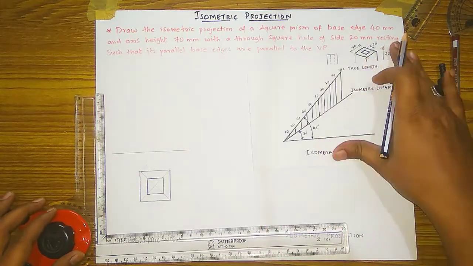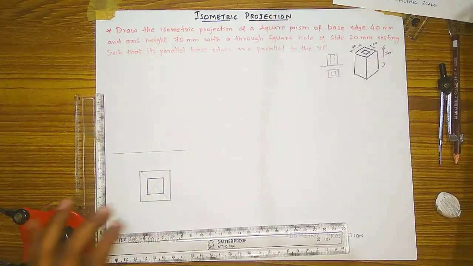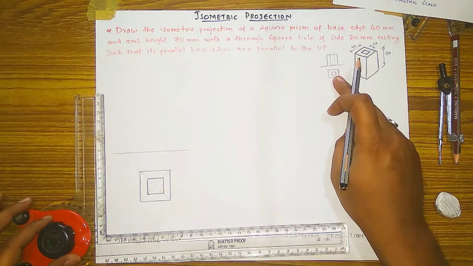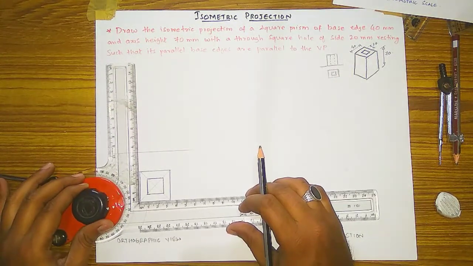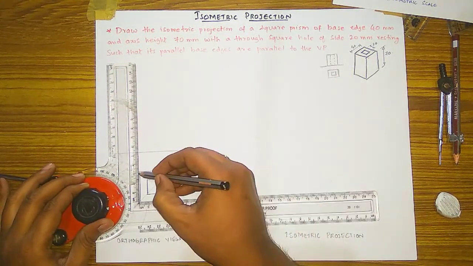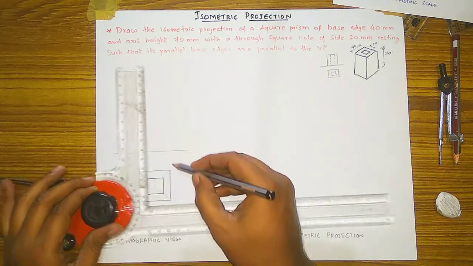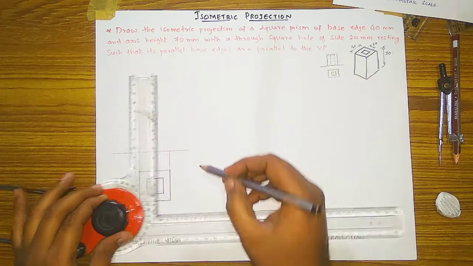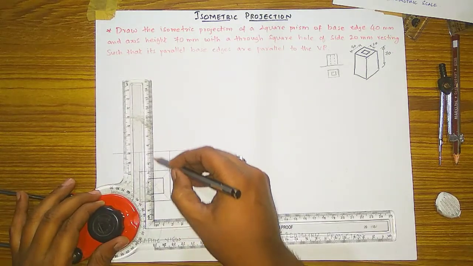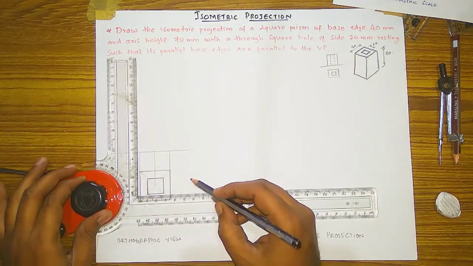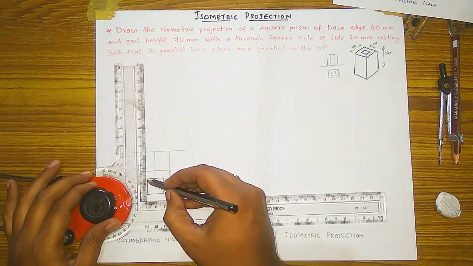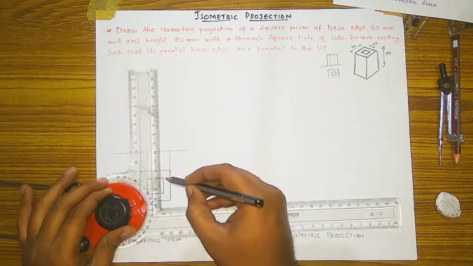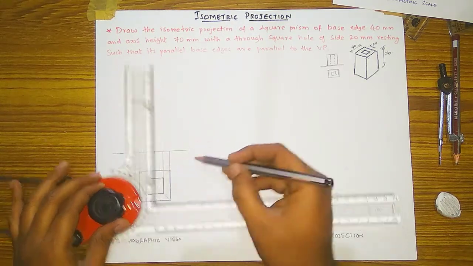Then after drawing the square of this top view, you have to project the lines from these ends till the XY line, or the reference line as it is also called, and from the center also, and this square also you have to take the projection lines like this.